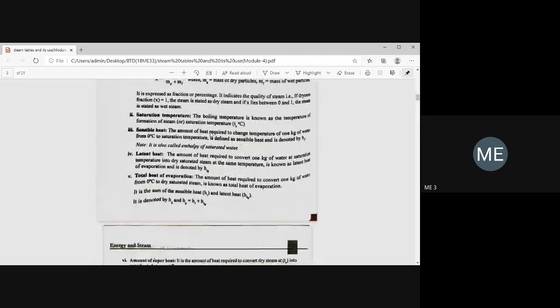It is defined as the amount of heat required to convert 1 kg of water at saturation temperature into 1 kg of dry saturated steam at the same temperature and at the given pressure. There is no change in temperature during latent heat, and it is represented by the symbol hfg.